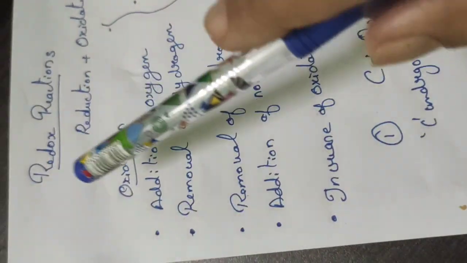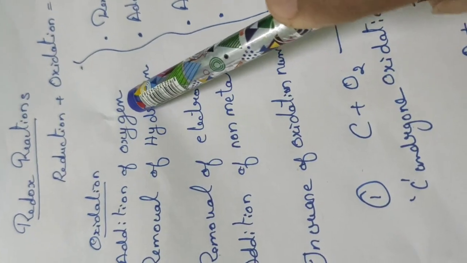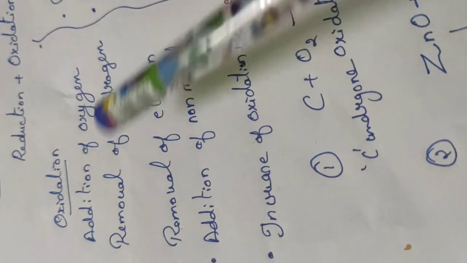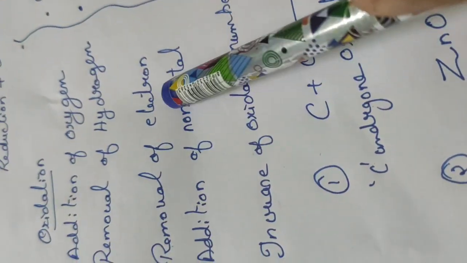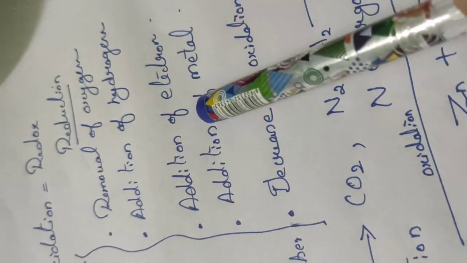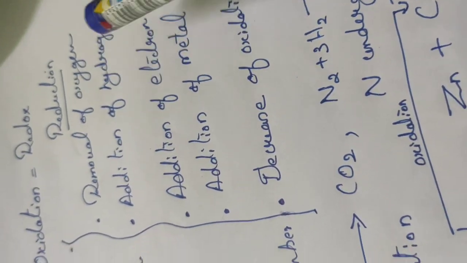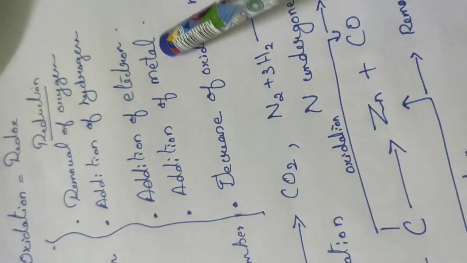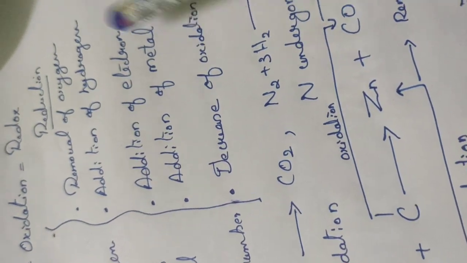So once again, addition of oxygen is oxidation, addition of non-metal is oxidation, removal of hydrogen and electron is oxidation, but addition of hydrogen and electron is reduction. Removal of oxygen is reduction, addition of a metal is again reduction.